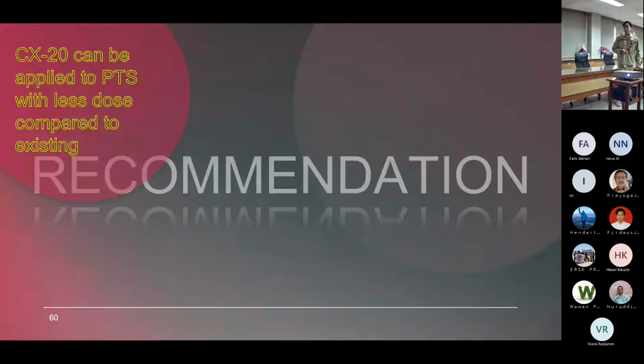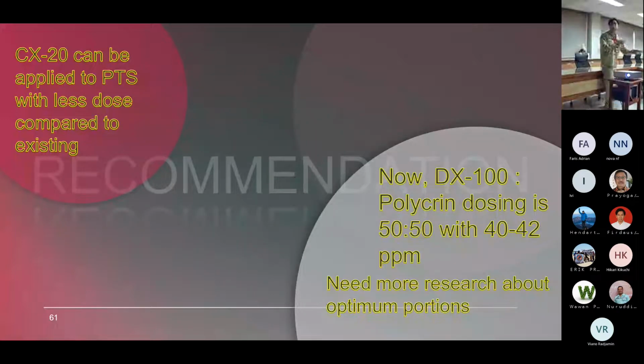The current antiscalant dosing right now at WWPP is a mixing portion between polycrene and DX100 with a portion of 50-50 and dosing of 40 to 42 ppm. This dosing is shown in the earlier presentation, which is the dosing that needs to be cleaned every 6 months or so.